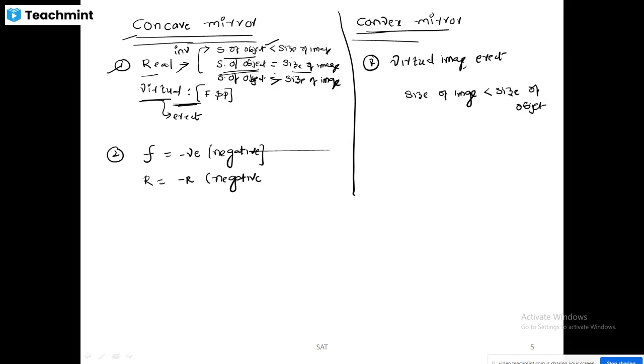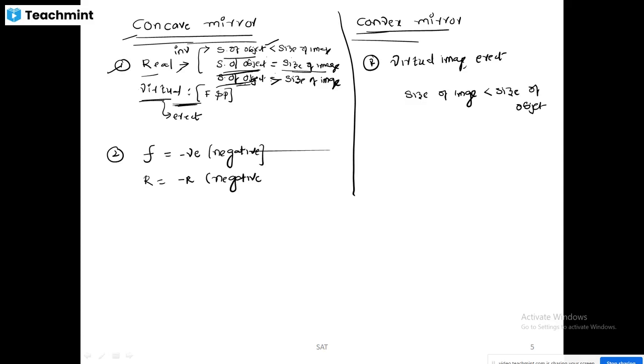If you place the object at the center of curvature, the size of the object is equal to the size of the image. And if you place the object between C and F, the size of the image is greater than the size of the object.